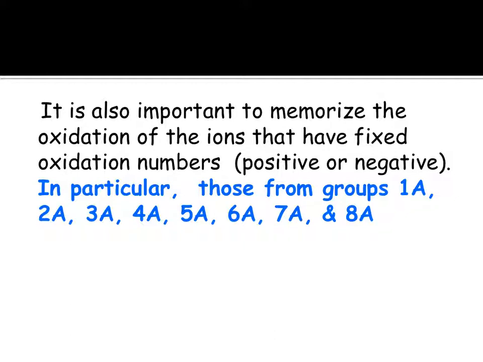So you'll need to know group 1 is always 1 plus, group 2 is always 2 plus, group 3 aluminum is always 3 plus, and then the nonmetals are sort of in reverse order: 1 minus, 2 minus, 3 minus, and then 8 is the noble gases, so that's just 0, of course. Okay, so you do need to know those. You'll have a periodic table to look at, and that can help you jog your memory, but you need to know them.